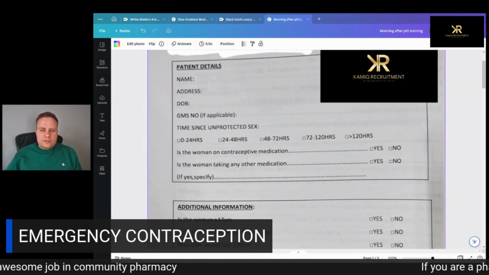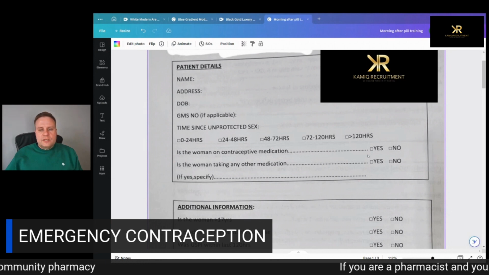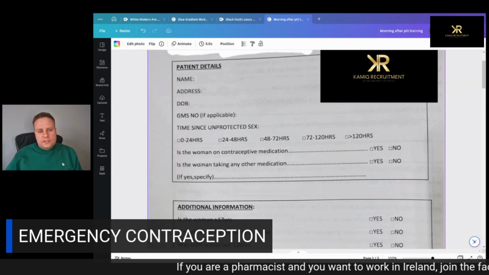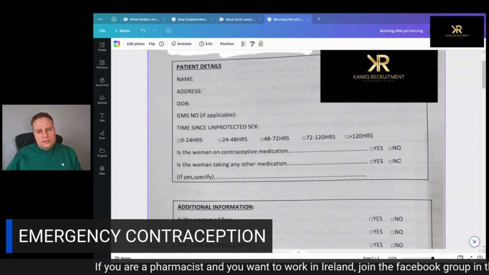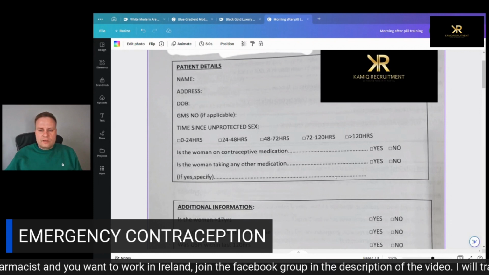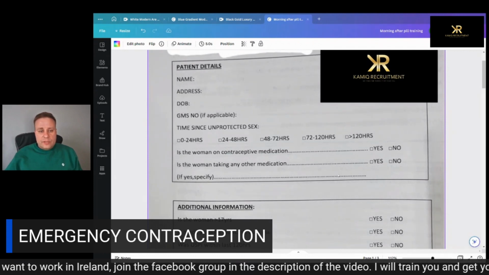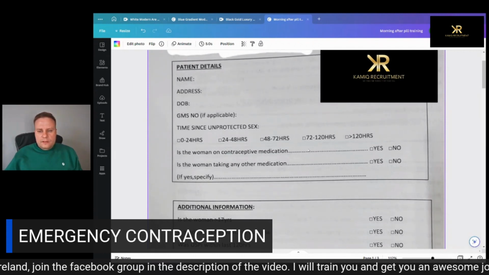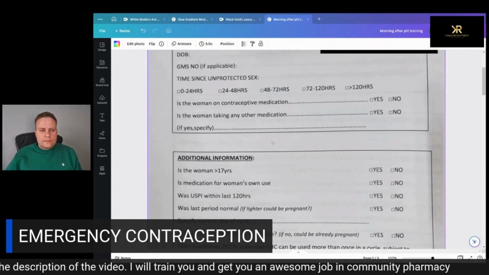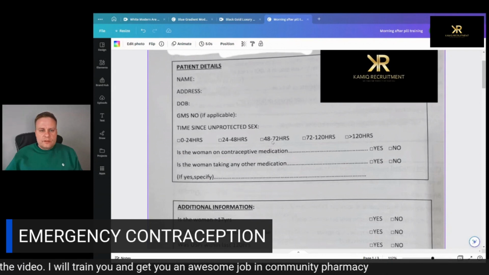Is the woman on contraceptive medication? You tick yes or no depending on her answer. And if she's taken any other medication, you tick yes or no, and you write it down here so you can check for interactions. All right, that's the first section of it all.